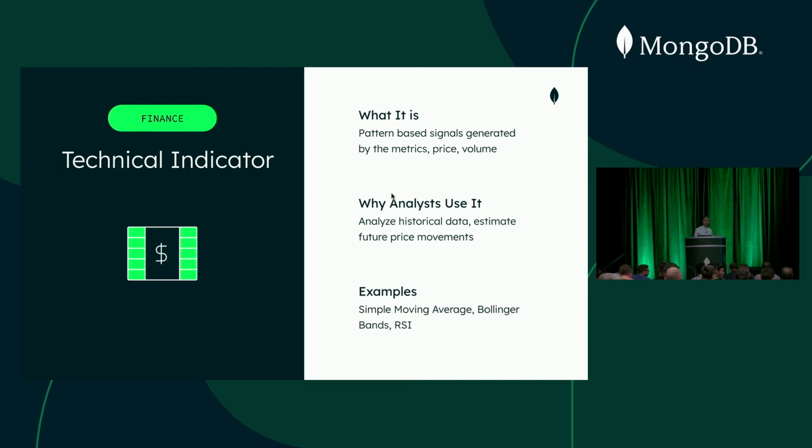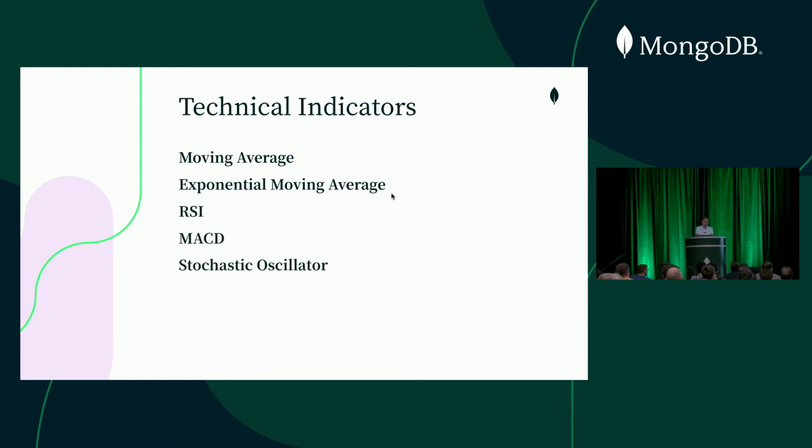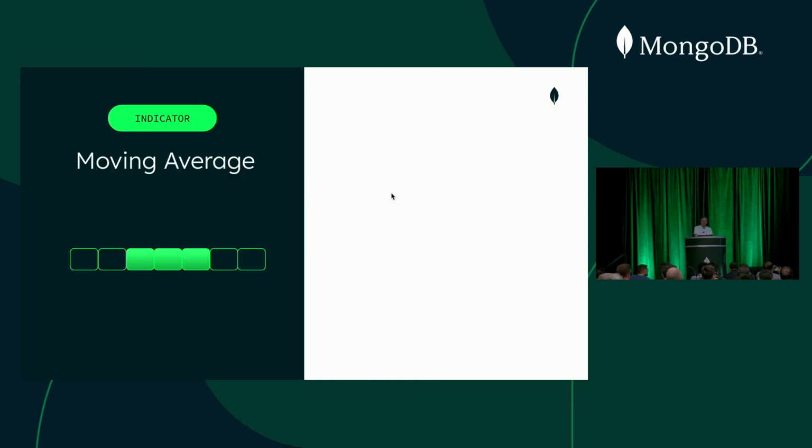An example, the well-known example of a technical indicator, is the simple moving average, okay? There are 5 technical indicators available in this MVP, this application: moving average, exponential moving average, RSI, MACD, and stochastic oscillator. So I will quickly look over these indicators. All right, so moving average.